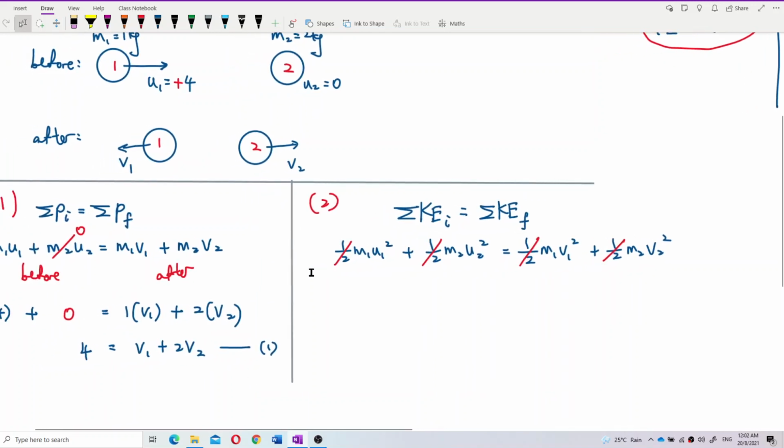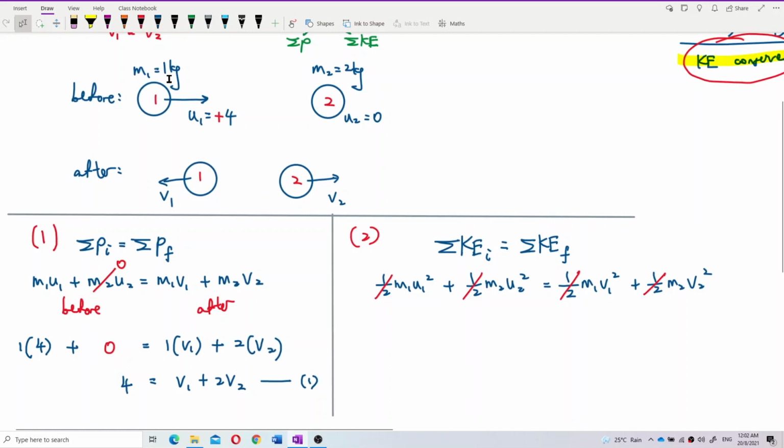Now, what is mass 1 again? Mass 1 is 1 kilogram. So substitute all the values. We have mass 1 as 1 kilogram, and u1 is positive 4. Then we have mass 2 as 2 kilograms, and this one is 0 because u2 is 0. Continue: mass 1 is 1 kilogram, and v1 we don't know, that's what we want to find out.